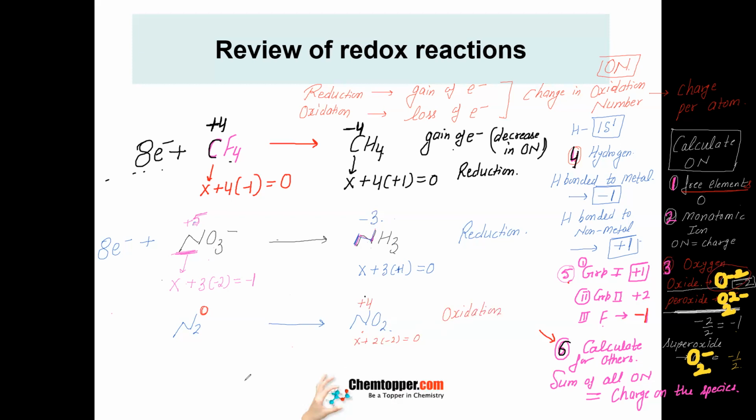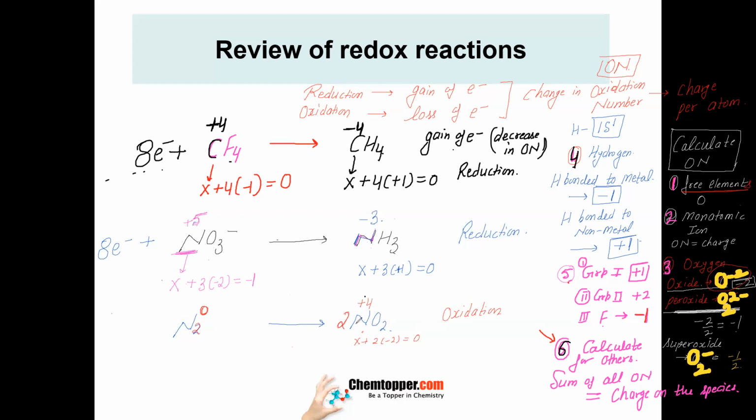How many electrons? And remember, there are 2 nitrogen here. And nitrogen is undergoing a change in oxidation number. Balance it, otherwise you will tell me the wrong number of electrons. So first you check the oxidation number per atom. So 0 to plus 4.